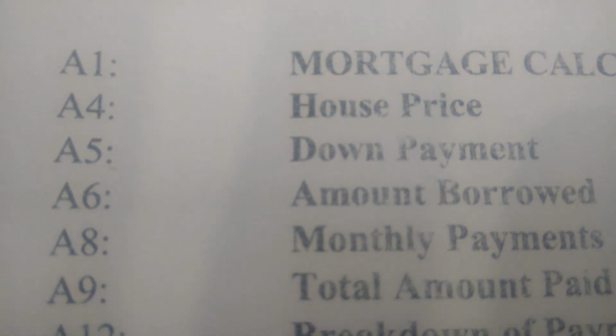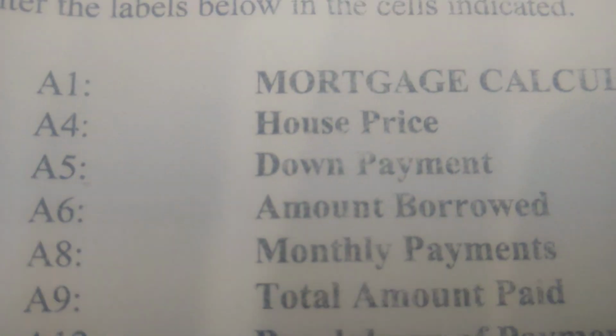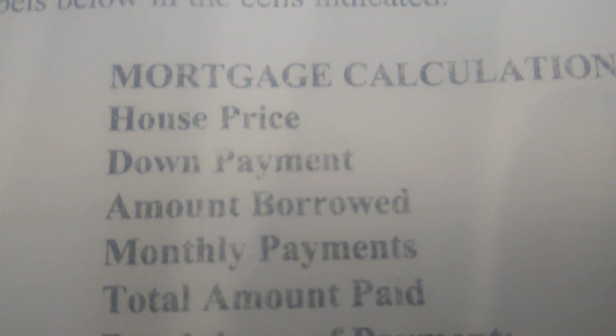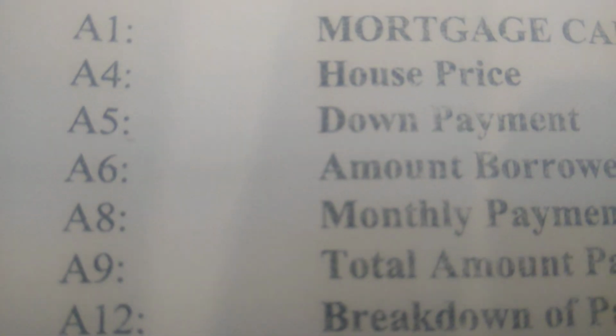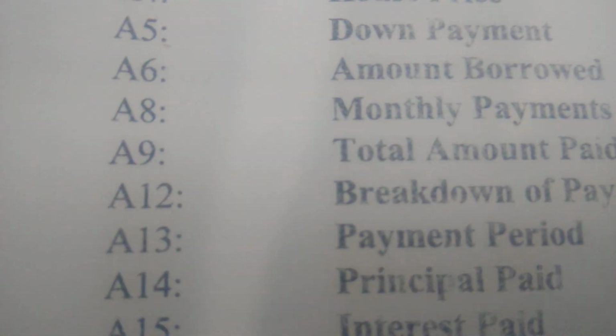Now A6, on the worksheet, you're going to input amount borrowed, and then similarly you go for A8, monthly payments, A9, total amount paid, A12, breakdown of payment, and A13 will have the label payment period.